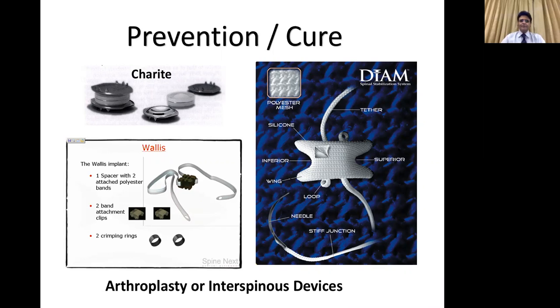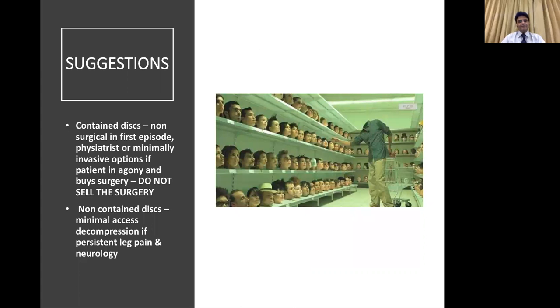I've not really used interspinous spacers as much. I'm not too convinced about the efficacy, but if there is a way to go, these are both non-fusion options and refined versions of the two, if they do come in the future, may be viable options. My last word as far as disc herniation is concerned, contained discs, which were protrusions, not prolapses.